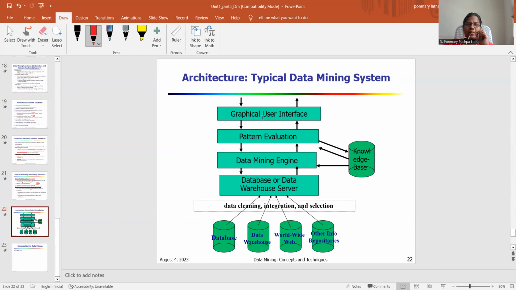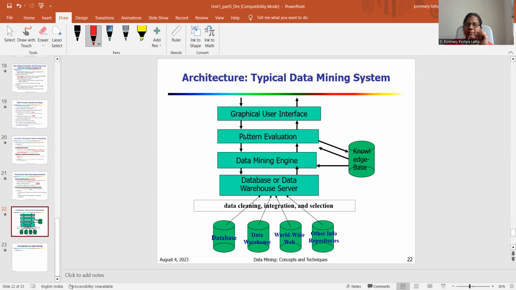The next one is the typical data mining system architecture. First, the user feeds in the data. Then it goes for pattern evaluation, which evaluates whether the pattern is a valid one or not. Then it goes to the data mining engine.